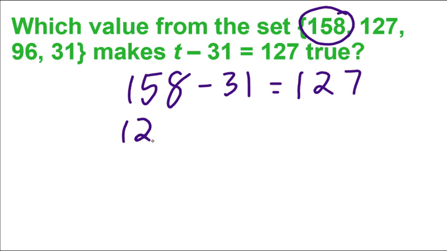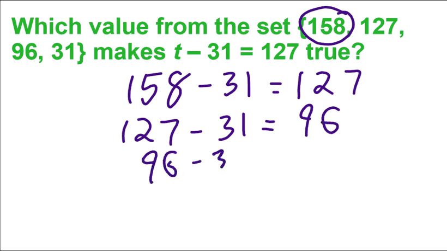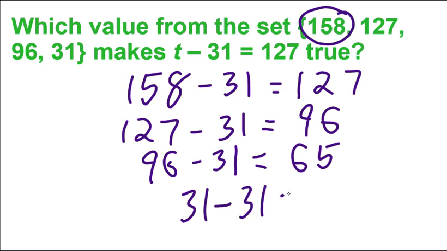With any of the others, 127 minus 31 will be 96. 96 minus 31, that's 65. 31 minus 31 is 0. So we're looking for the one that gives us exactly the equation. That makes sense? Any questions on that?